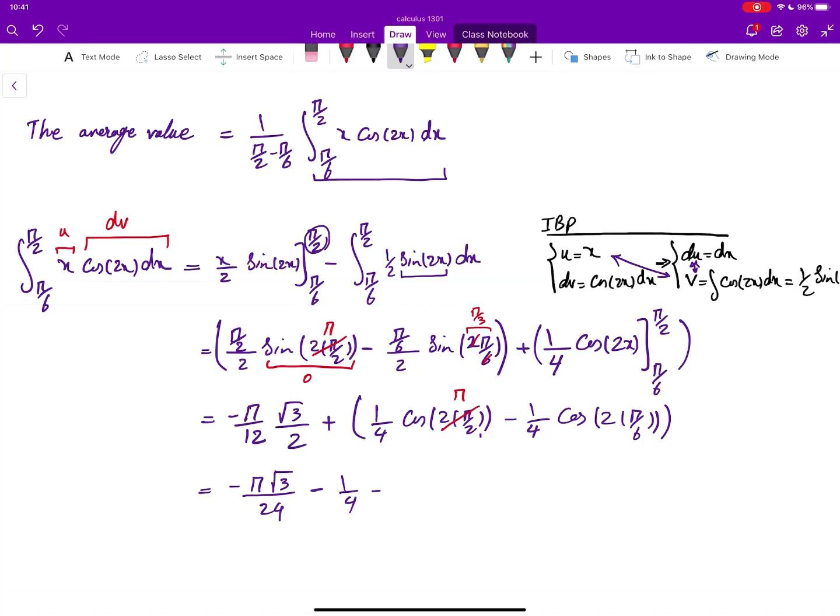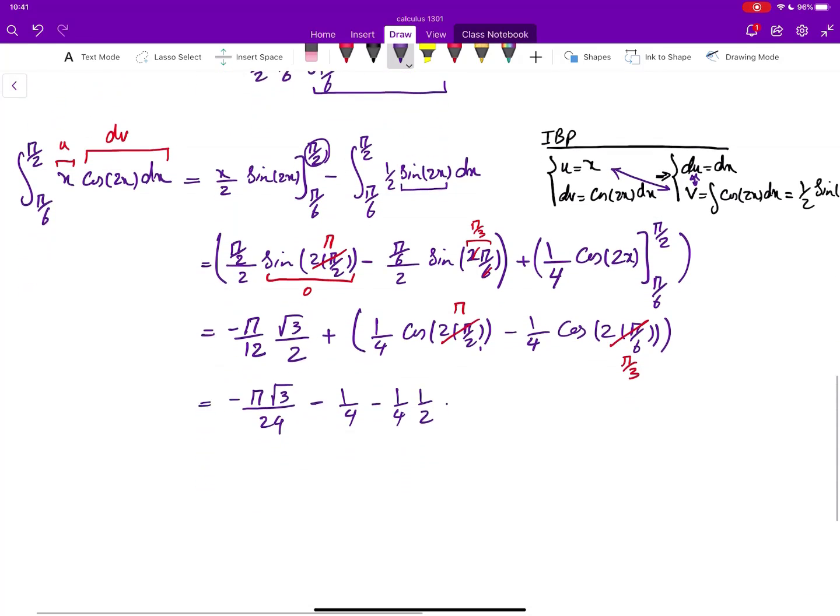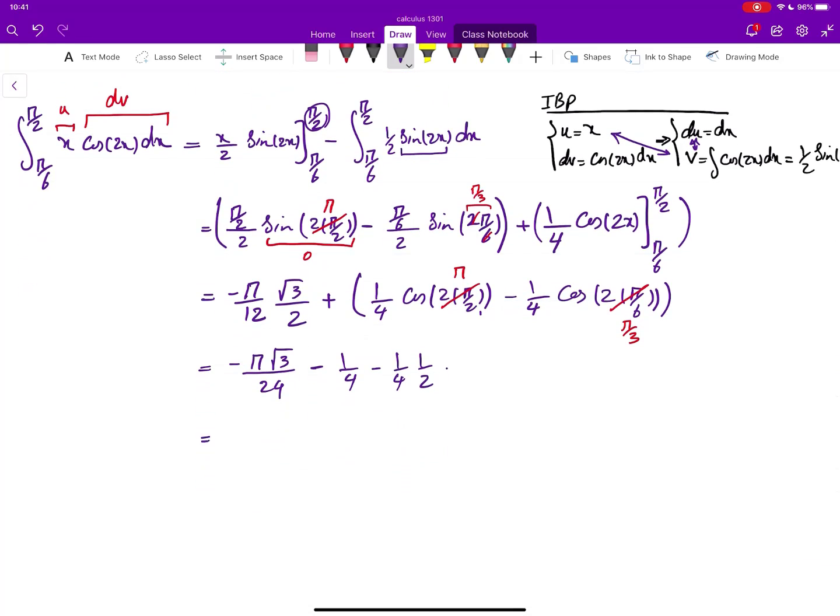And here I have pi over 3. Cosine of pi over 3, or just cosine of 60 degrees, is half. So I will have 1 over 4 times 1 over 2. So what we found is negative pi root 3 over 24.